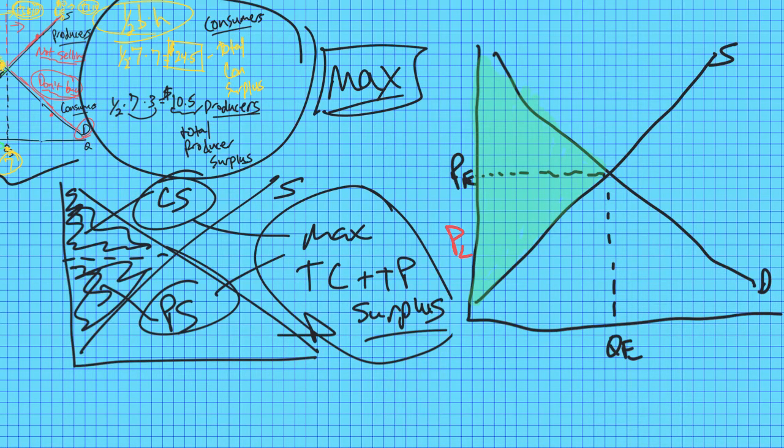Okay, so let's examine this for a moment. If we dot over and we dot down at each one of our curves, we've examined this before, this is the quantity demanded, this is the quantity supplied. So instead of QE exchanges taking place, there's only QS exchanges taking place because, for example, there's only 2 goods available, even though there are 10 people that want to buy.